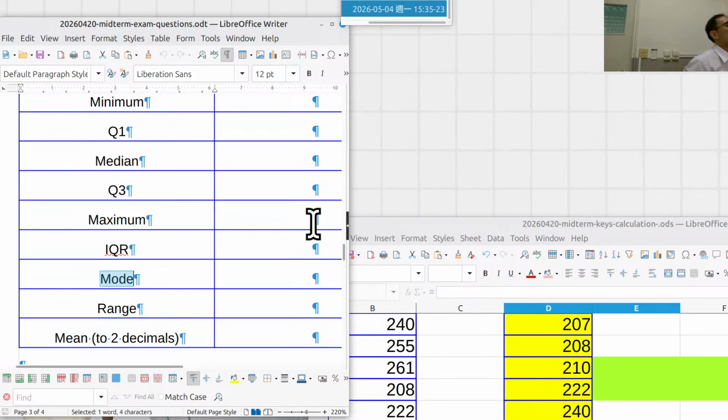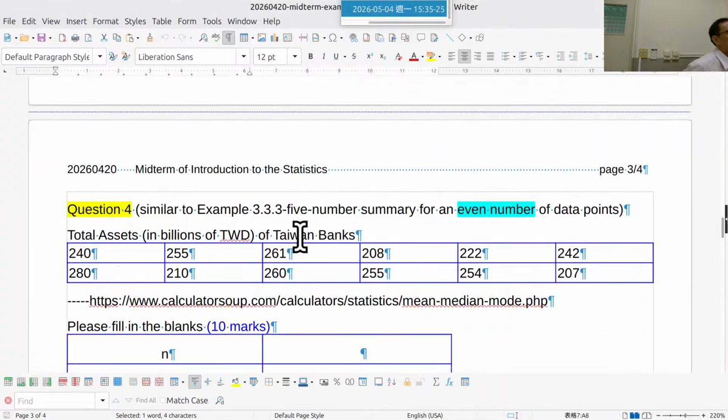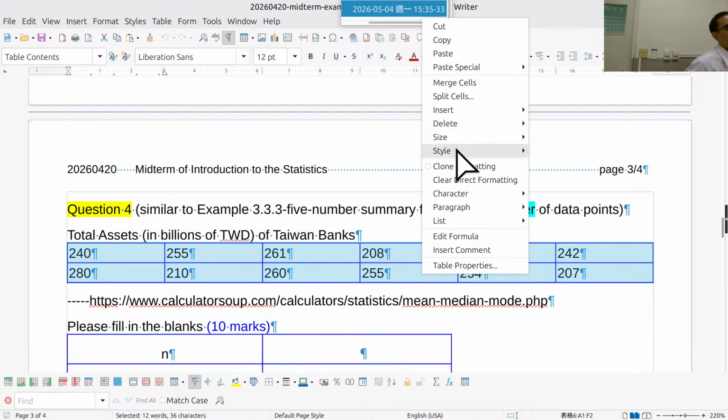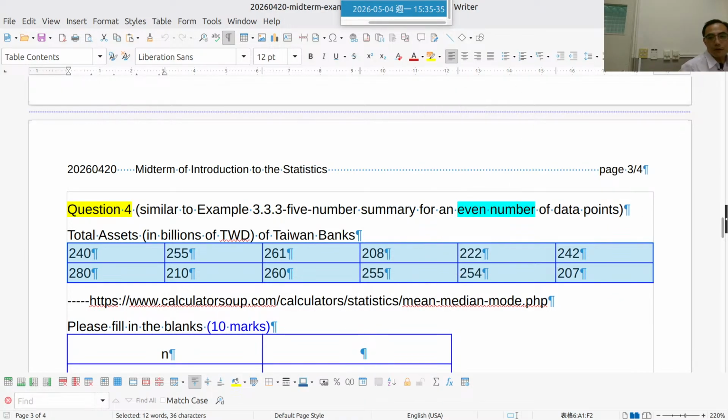No? Okay, let's move. Let's select the numbers here. Please follow my steps. If you forgot to turn on the file, let me copy it to you. You can try copying and pasting the numbers I posted in the night group. Then we get here.